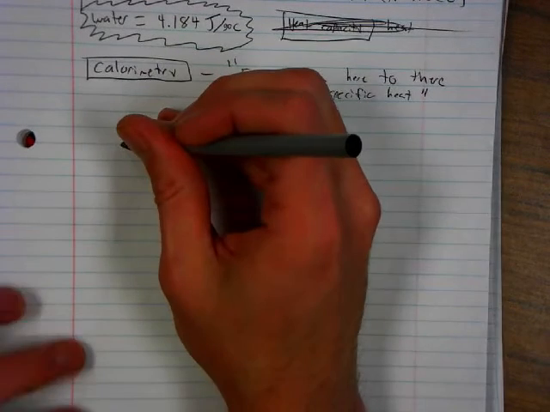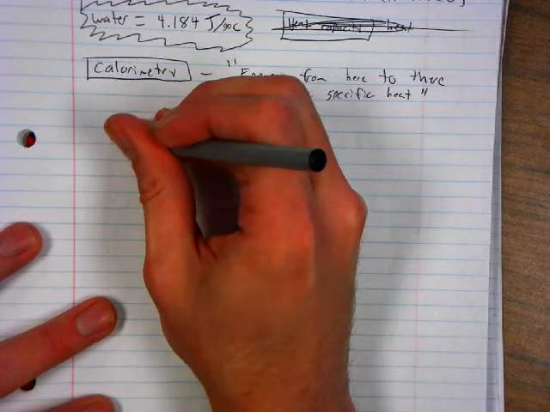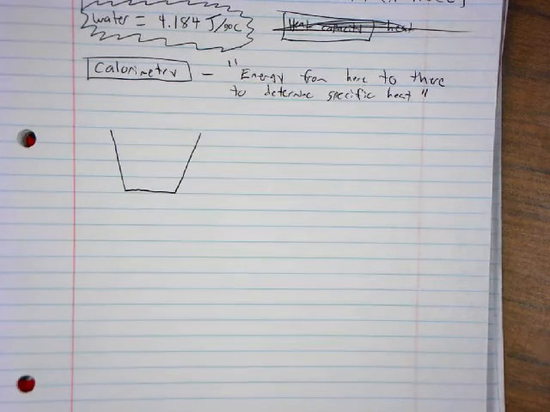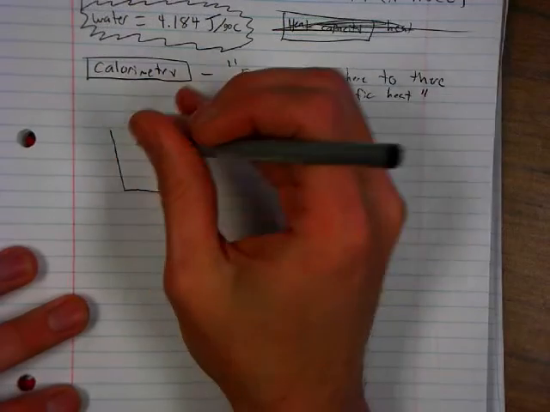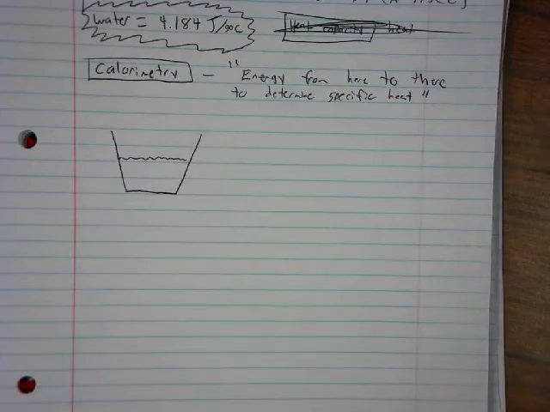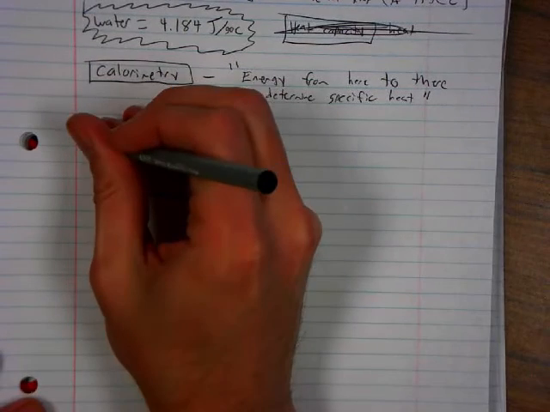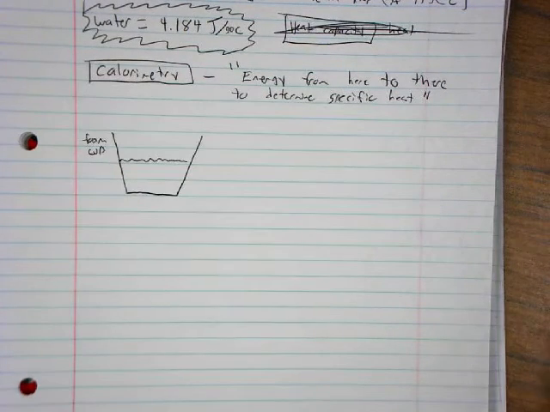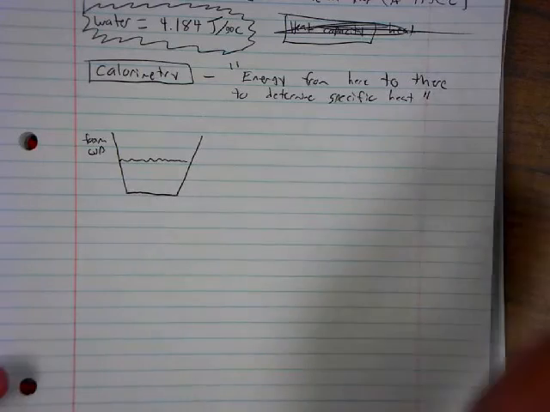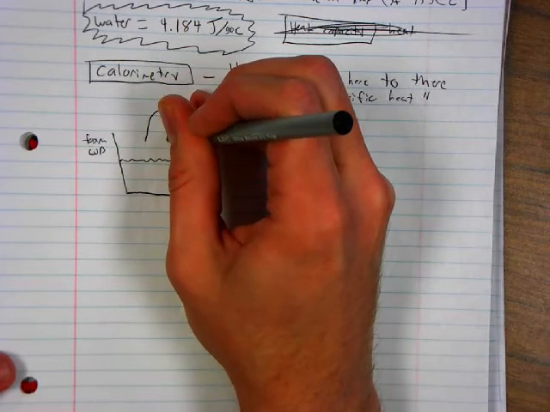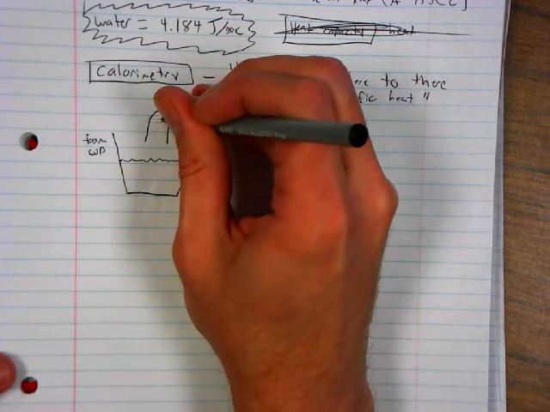Which brings me to my first drawing of the day. I know you guys love this. Are you ready for Pictionary? Okay, here we go. A cup. Good. Excellent. So I have a foam cup. I have water.